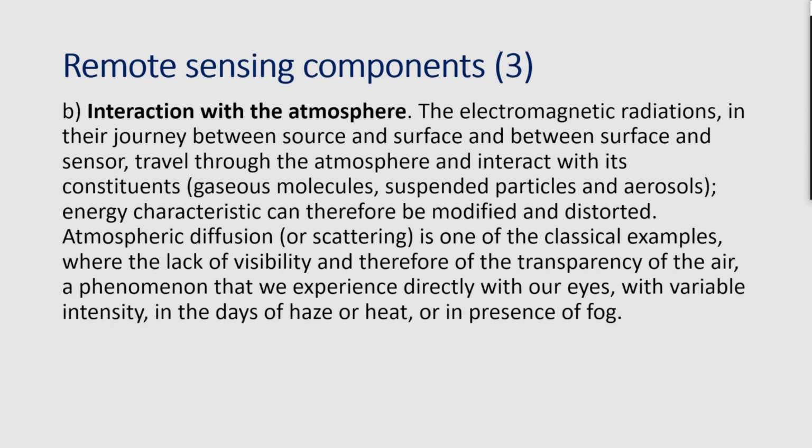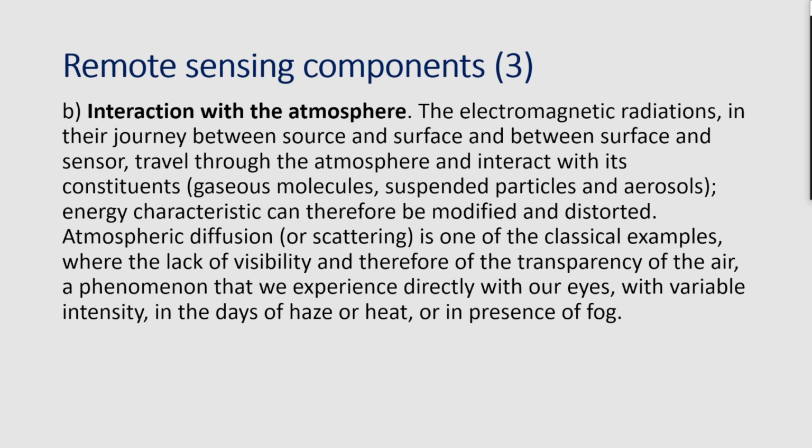Remote sensing components. 3. B. Interaction with the atmosphere. The electromagnetic radiations, in their journey between source and surface and between surface and sensor, travel through the atmosphere and interact with its constituents, gaseous molecules, suspended particles, and aerosols.